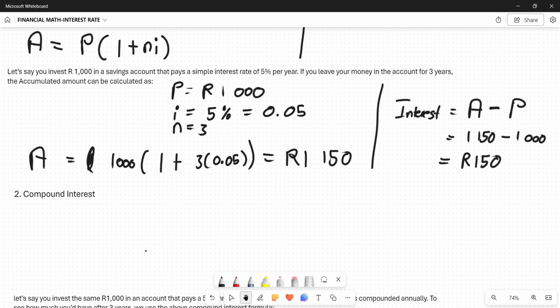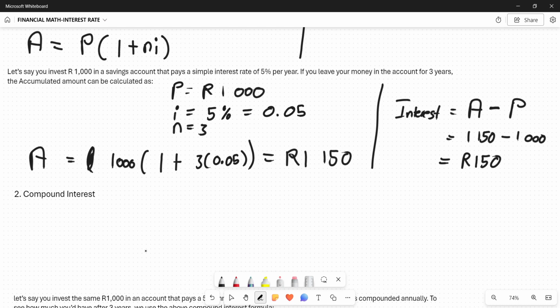For the first year, your deposit will earn interest at whatever rate is offered. After earning that interest, in the next financial year, the interest that you earned in the first year will also earn interest in the second year. That's what is meant by compound interest.